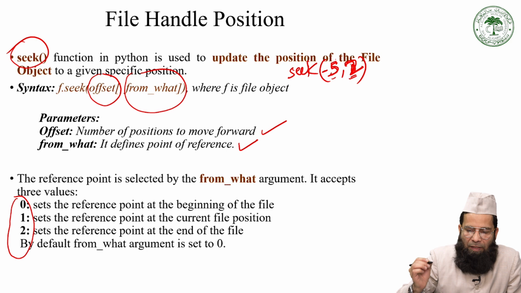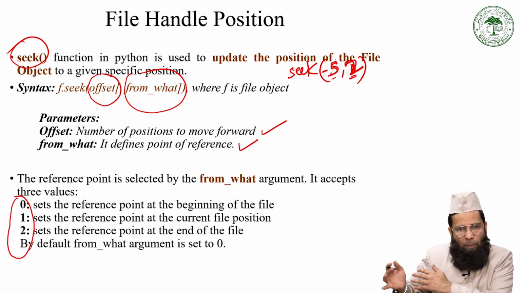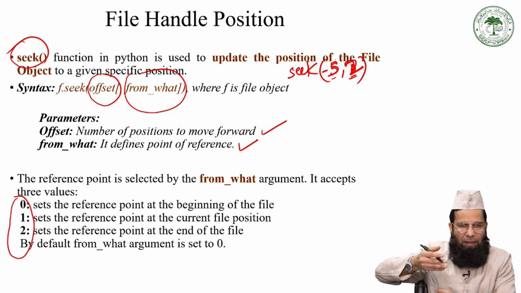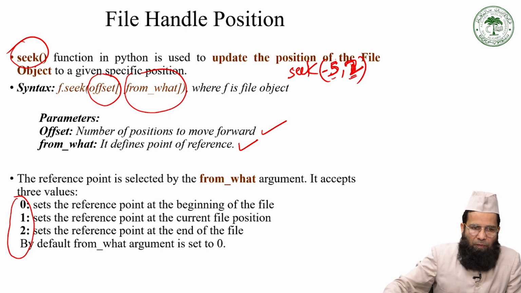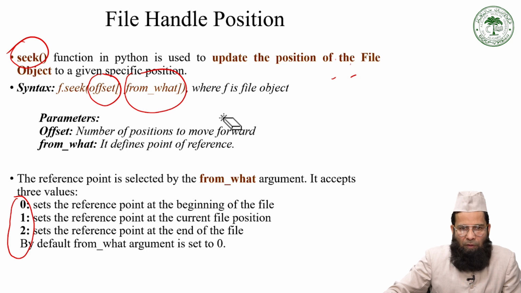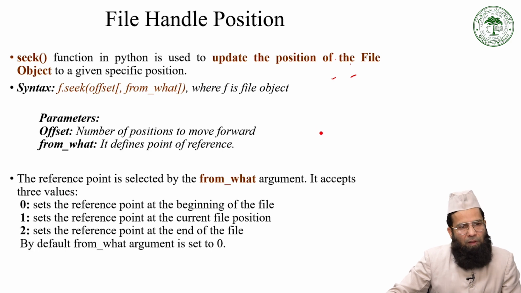So you can write -5. It means you are moving your file pointer from the end to 5 offsets earlier, right? So in this way you can modify your file pointer. Let me erase this one. It is a very important method to update your file pointer.